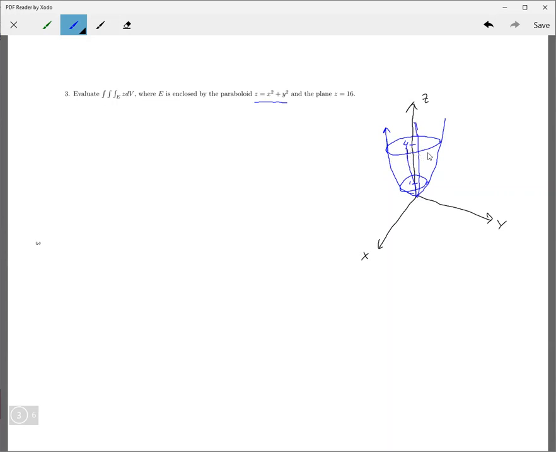So you've got this thing right here. And then up here, it goes all the way up to 16. It's capped by this plane here at 16. But it's going to be a circle of radius 4 here, right, at this plane?